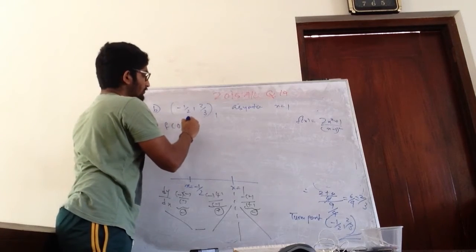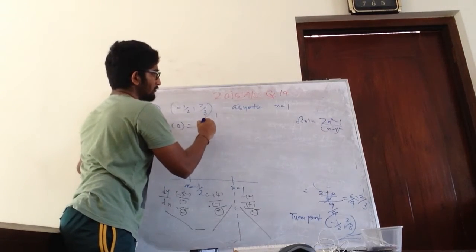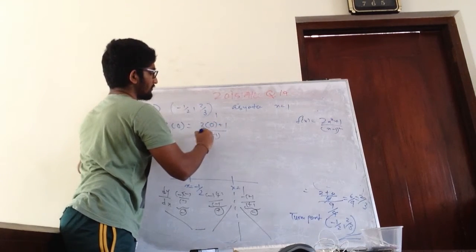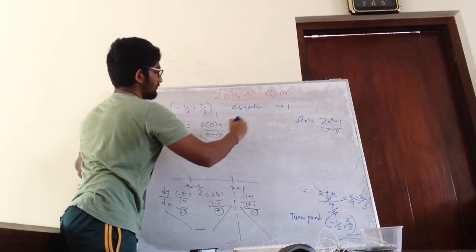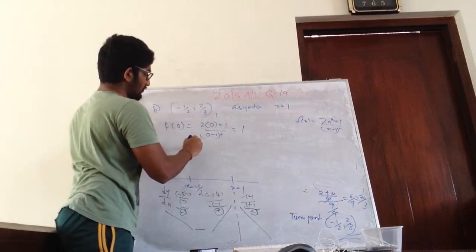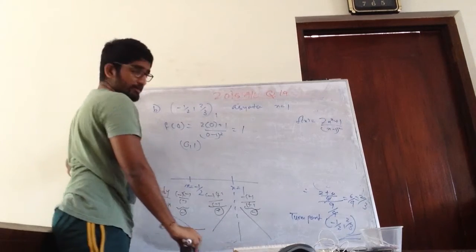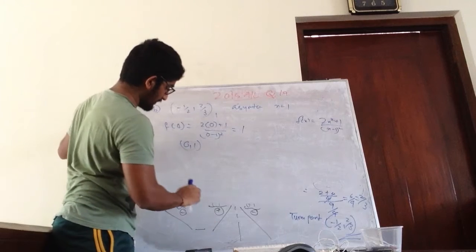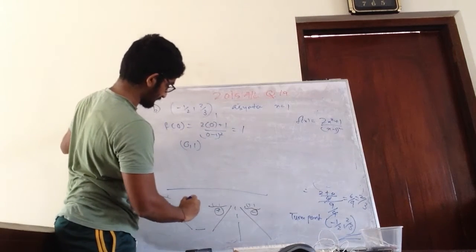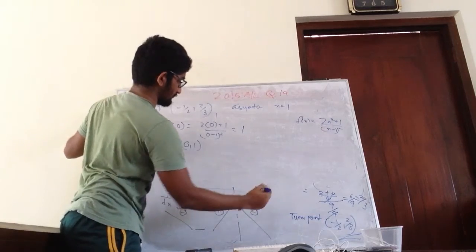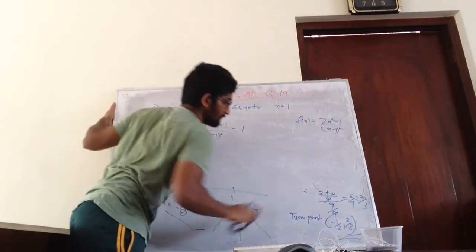So f(0) is 2 times 0 plus 1, over 0 minus 1 squared. So this is going to be 1 over 1, which is 1. So basically now we know another point, the point (0, 1). Right? So that is also done. We will need this, so I am going to keep this here.